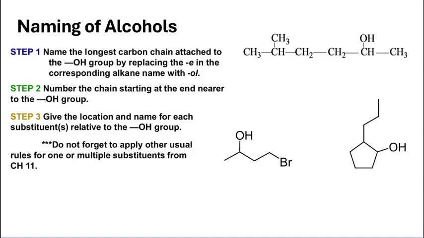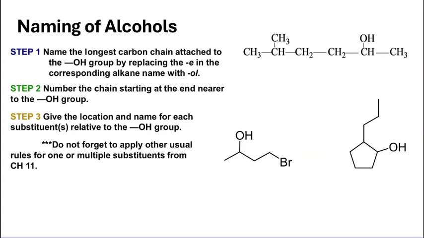So the carbon that contains the OH group must be included in the parent chain. You can write the alkane name, but because we have an alcohol, the E in the alkane name will be replaced by OL. Next, we have to number the chain starting from the end that is nearest to the carbon that is attached to the OH group.